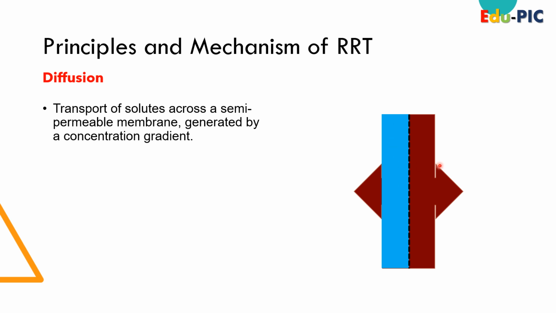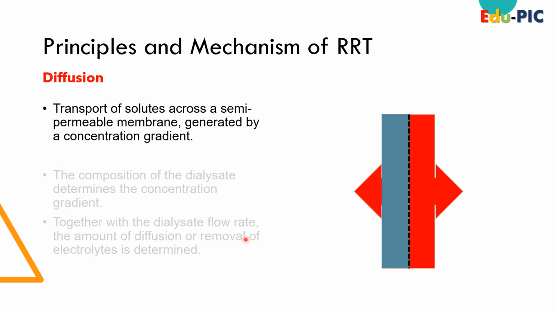And the other way around, if you want to give something into the bloodstream, you can use diffusion as a mechanism. But in dialysis, we use it to get particles out of the bloodstream. So the bloodstream gets less of the toxins, and the dialysate can carry that outwards.